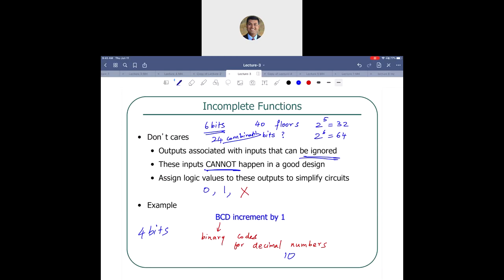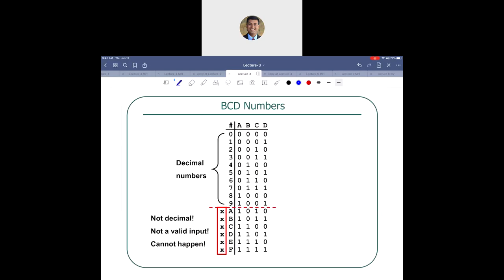But this is only 0 to 9. With 4 bits, you can go 16 combinations. So what happens to the other 6? Those are don't cares. And as you can see here, we are describing that as don't cares. So decimal numbers 0 through 9 are being captured in BCD, binary coded decimal, as 0000 all the way to 1001.